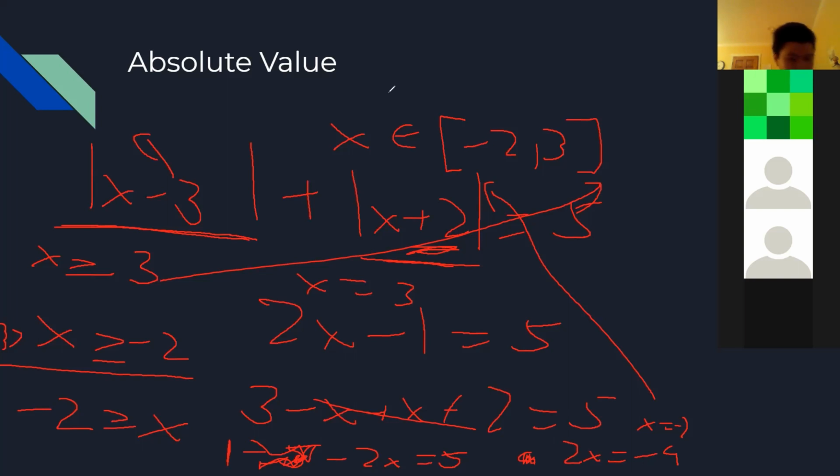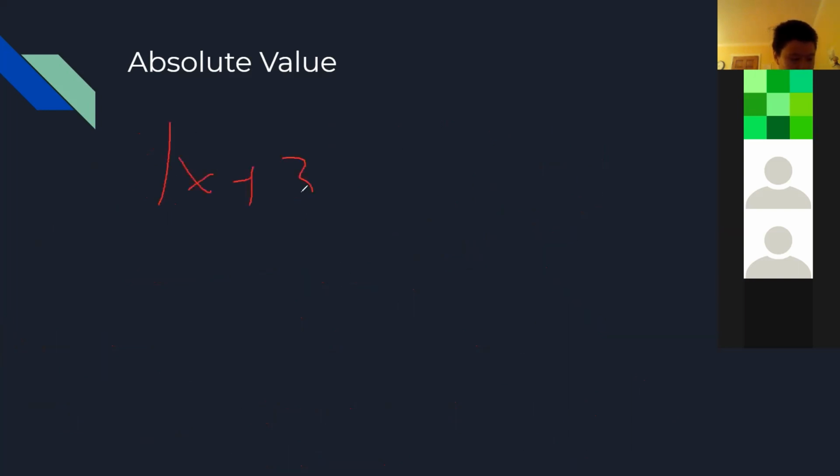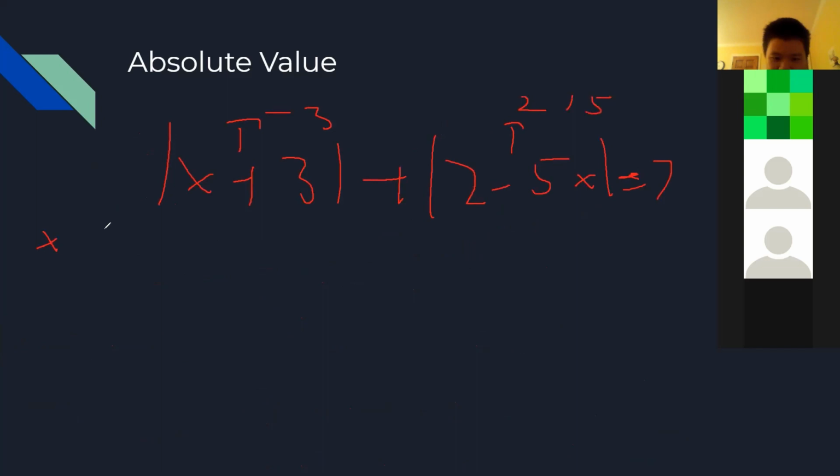So like x plus 3 plus 2 minus 5x. Let's take the intervals -3 and 2/5. First, let's take x more than 2/5. So this is positive, this is negative.